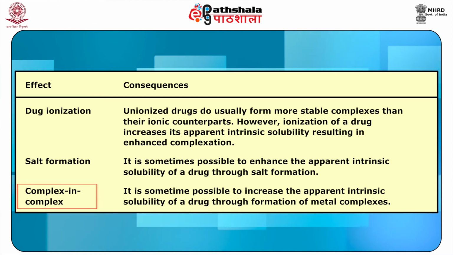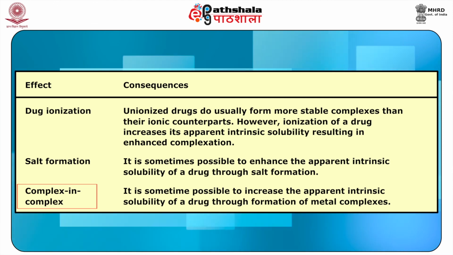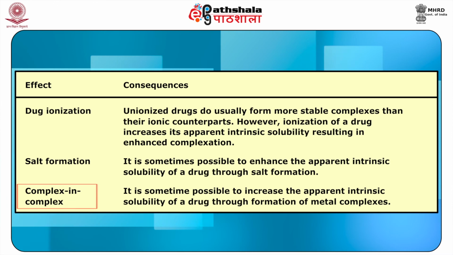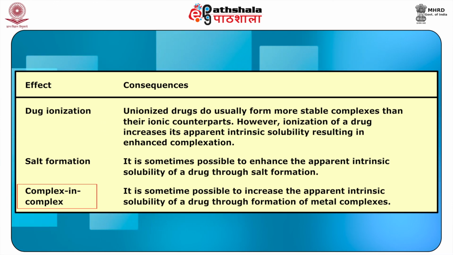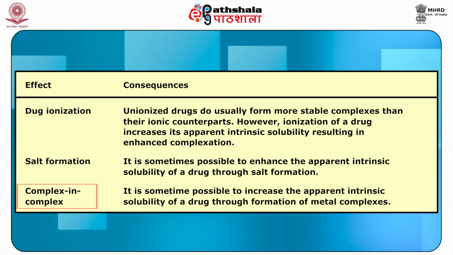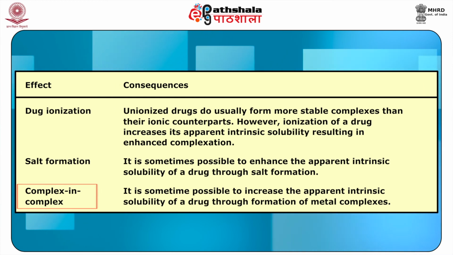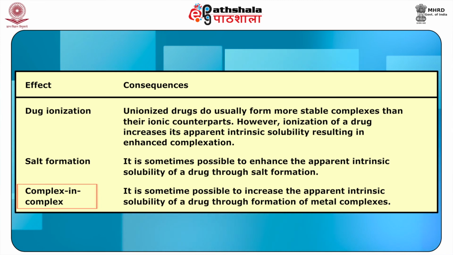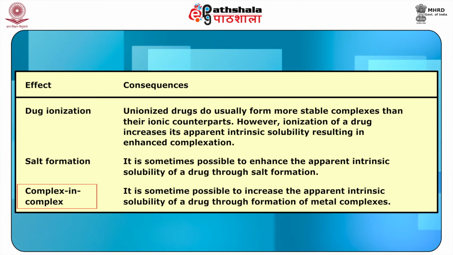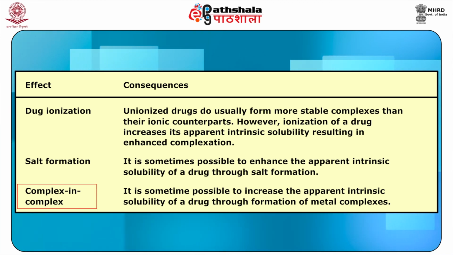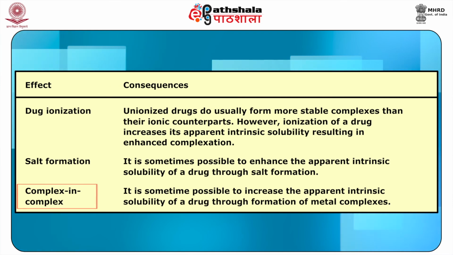Another method is complex in complex. It is sometimes possible to increase the apparent intrinsic solubility of a drug through formation of metal complexes. That means the drug is first complexed with a metal, and then this complex is encapsulated into the cyclodextrin cavity, hence the name complex in complex.